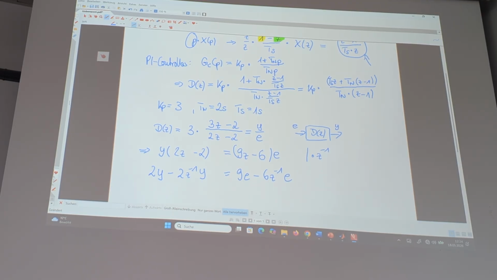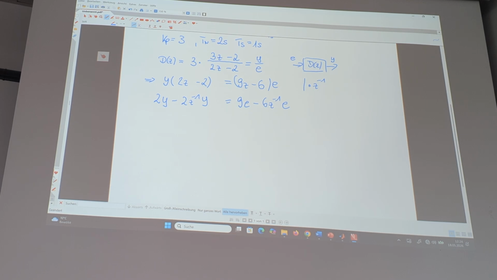And this means finally, let's divide it by 2 again, then we have y minus z to the power of minus 1 times y is equal to 4.5 e minus 3 z to the power of minus 1 e.